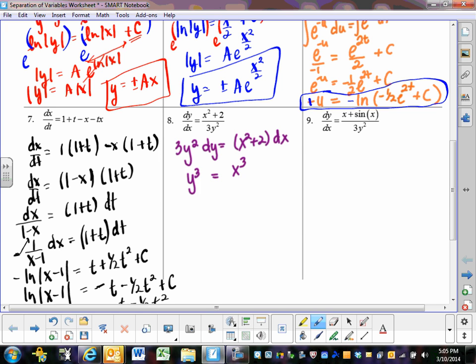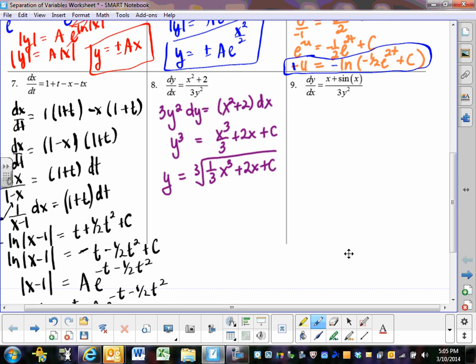Now I do have to move the negative over before I can continue. So I have negative t, negative 1/2 t squared, and the plus or minus c is irrelevant until we solve for c. So remember, when I e both sides, and it only happens when I do the e power, I'm going to have absolute value of x minus 1 is a e to the negative t minus 1/2 t squared.